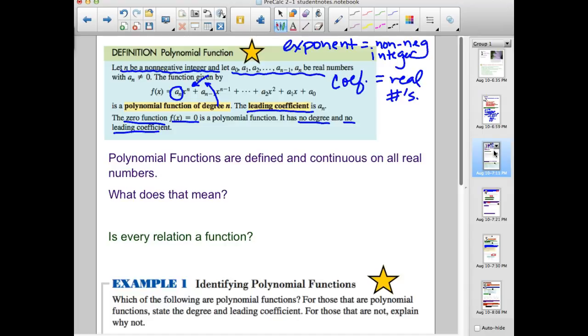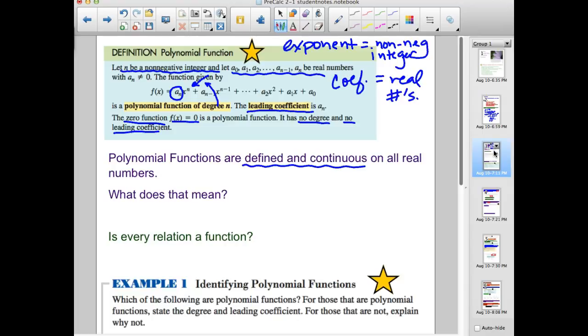Okay, polynomial functions are defined and continuous on all real numbers. What does it mean for it to be continuous? Think about our graphs from the last few days. If it is continuous, it has no what?